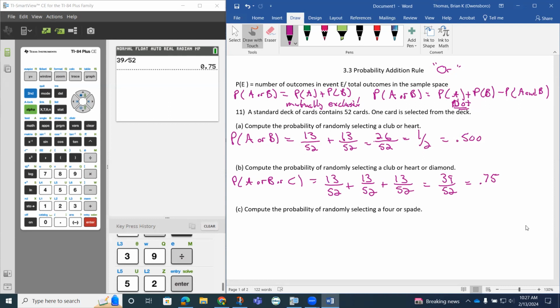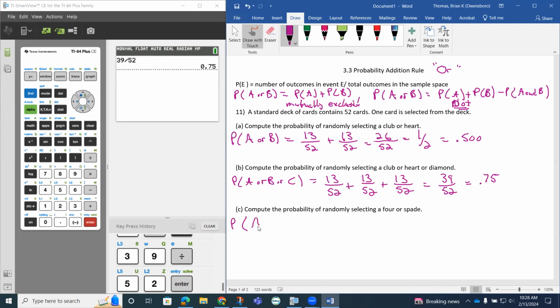Part C says, compute the probability of randomly selecting a 4 or a spade. Notice how with 4 or spade, there is an overlap here because there does exist a 4 that's also a spade. So we have to remove that out of this problem. This is not a mutually exclusive event.